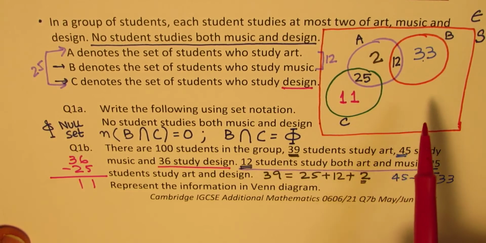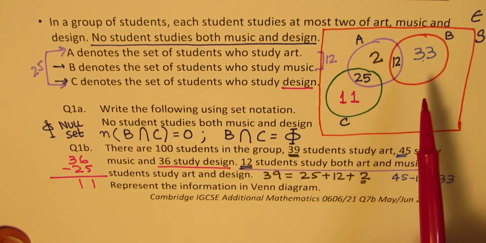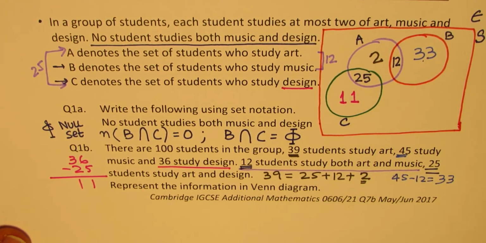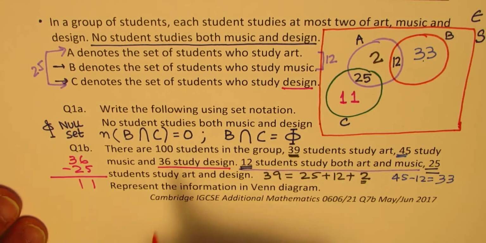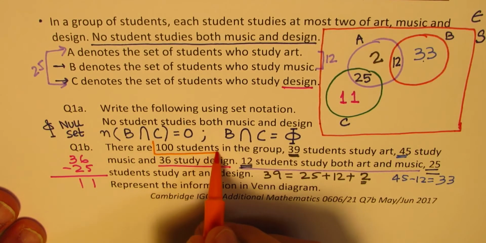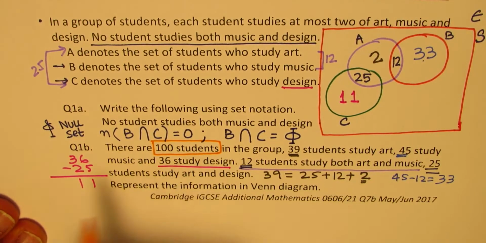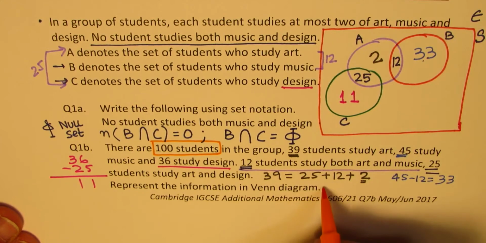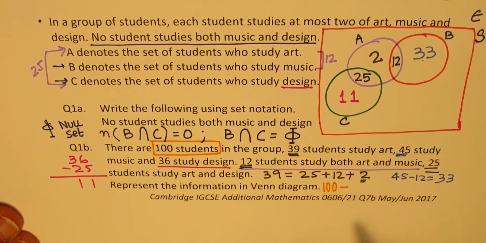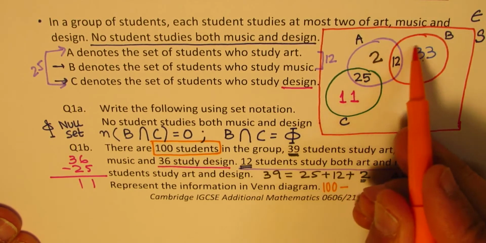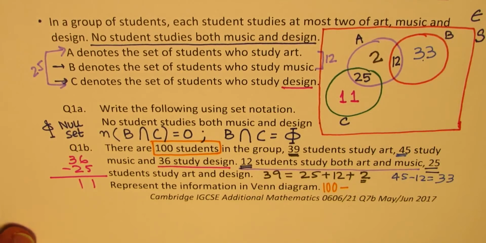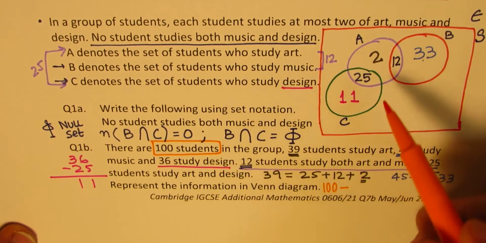Now the question here is, how many will not take any of these subjects? So for that, what can we do? We have total of 100, right? So there are 100 students in all. So from the 100 students, we'll take away all this total, right? So let's count them all.